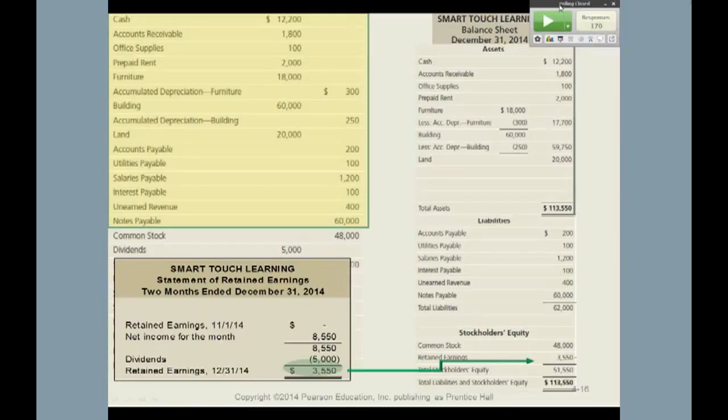The accumulated depreciation would be on the credit side. It is not a liability, but it still has a credit balance, and its normal balance is still a credit. And of course, every year or every month, if you're taking $300 per period, you would just keep accumulating that in that same account.